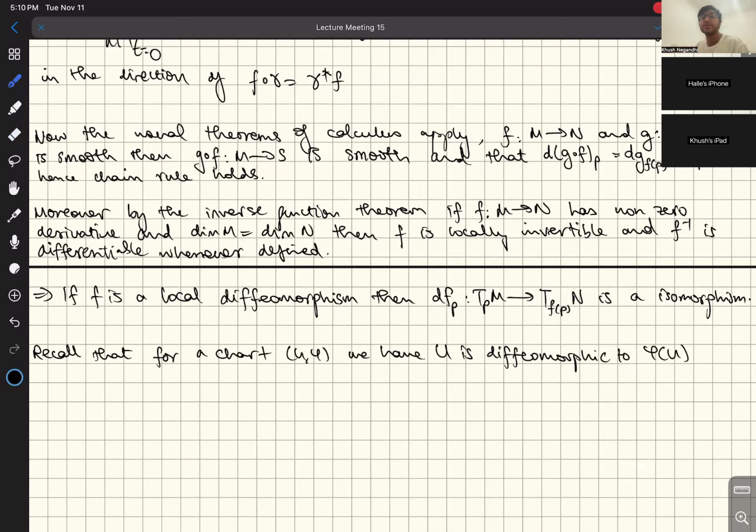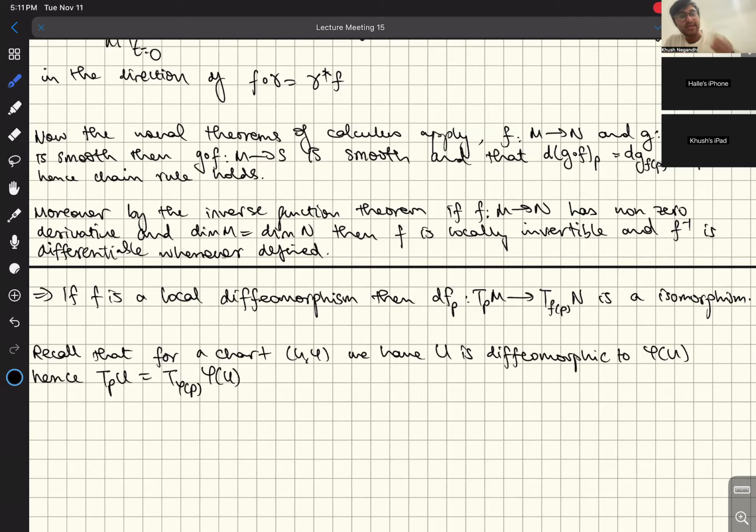This is just the definition of what it means for this to be a chart. It's diffeomorphic to this. Hence, T_pU is the same thing as T_phi(p) phi(U).